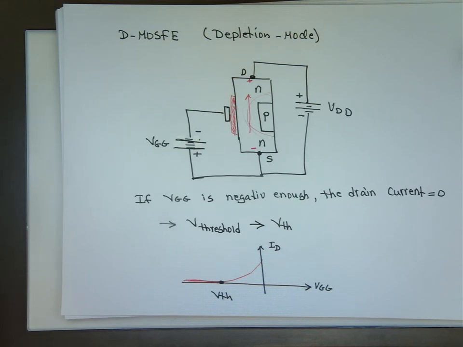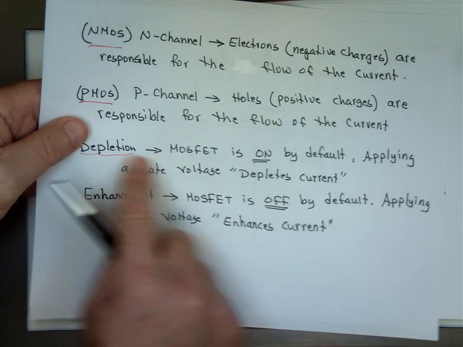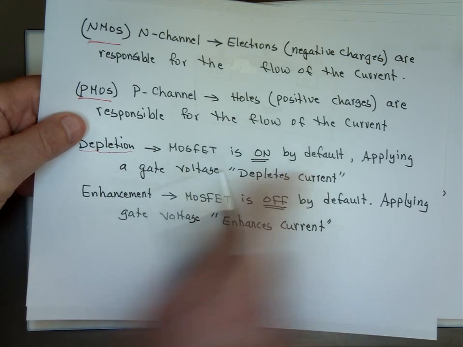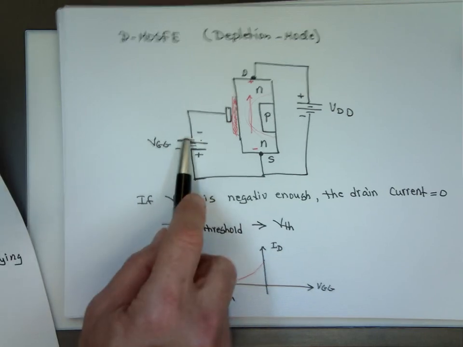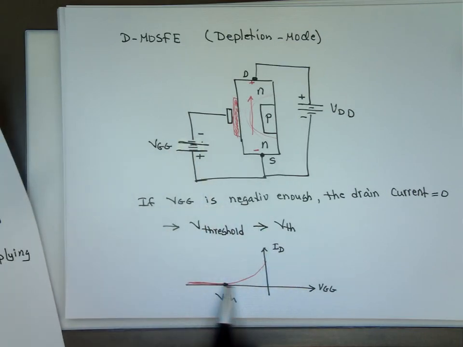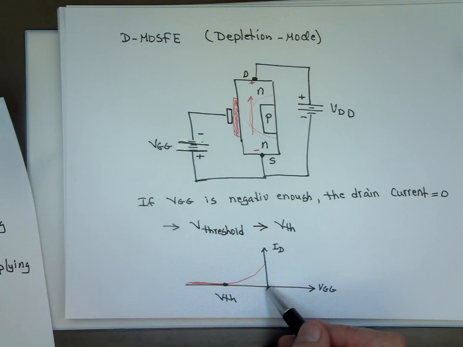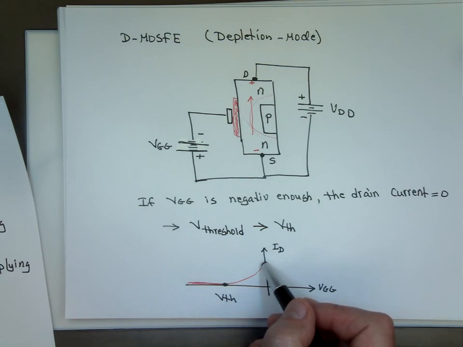Remember what I said about depletion. This one works as on by default. Applying a gate voltage decreases that current. So as we apply this one, that current gets less and less and less. When there is no voltage here, which is zero voltage, you have a lot of current going through it. So it's open.